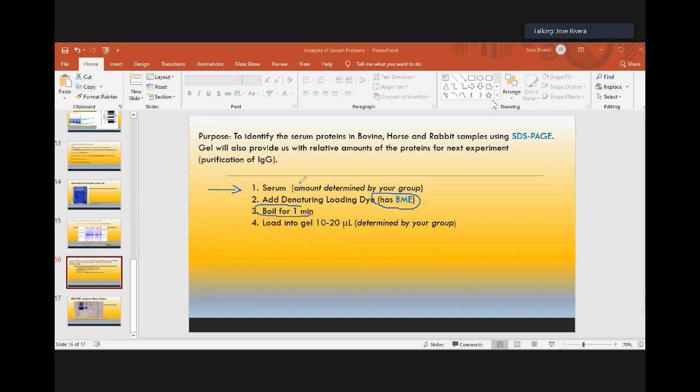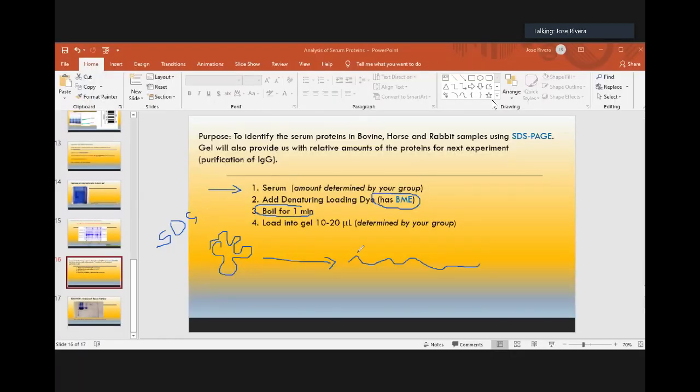So one thing about also is that the dye had the SDS. And one thing about SDS, the detergent, is that if you have a protein, let's say the protein is highly folded, once you denature it by boiling in the SDS and BME, it becomes linear.